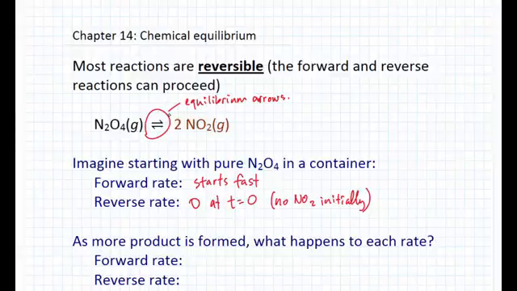As more product is formed, what happens to each rate? What do you suppose happens to the forward rate? It decreases as N2O4 is consumed.